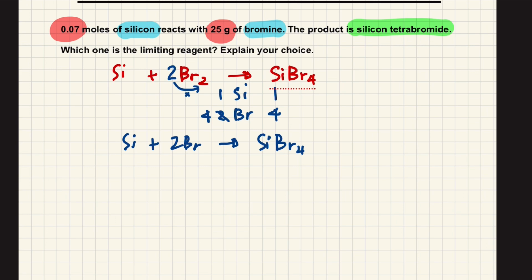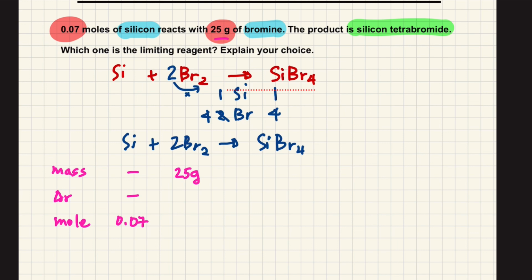So I would put here mass, and then relative atomic mass, and then we can calculate for the number of moles, okay? Now, since silicon already has the number of moles given, I can just write 0.07, okay? Now, bromine, we only know that it has 25 grams, okay? Then we know the relative atomic mass, oh, sorry, I forgot to write it too, of bromine is 80.